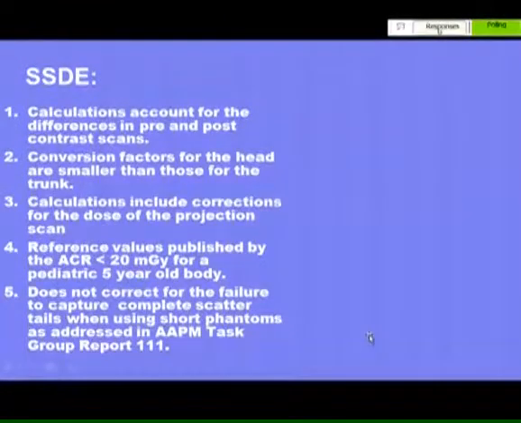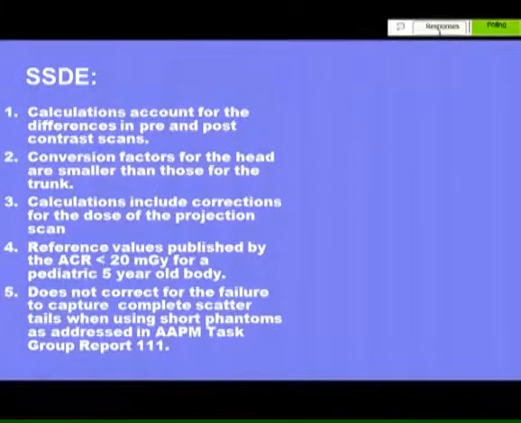All right, next, Sam's question. SSDE, size-specific dose estimate: 1. Calculations account for the differences in pre- and post-contrast scans. 2. Conversion factors for the head are smaller than those for the trunk. 3. Calculations include corrections for the dose of the projection scan. 4.